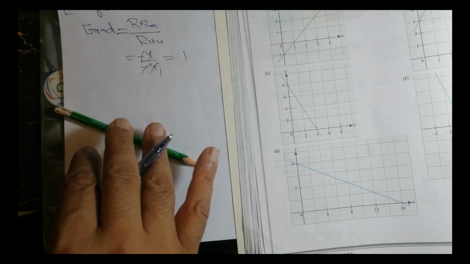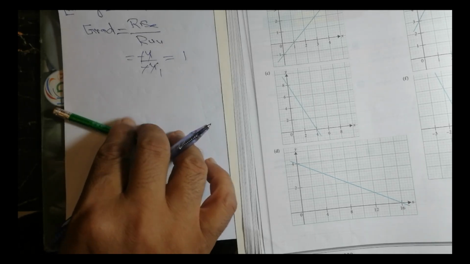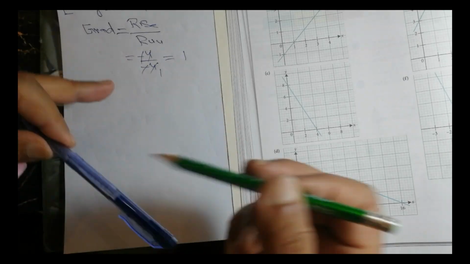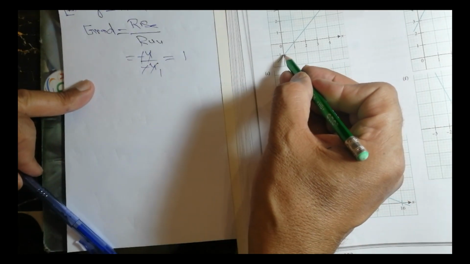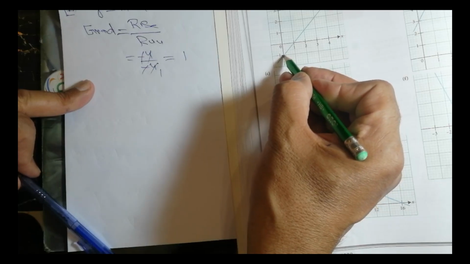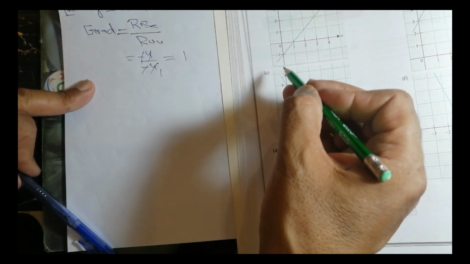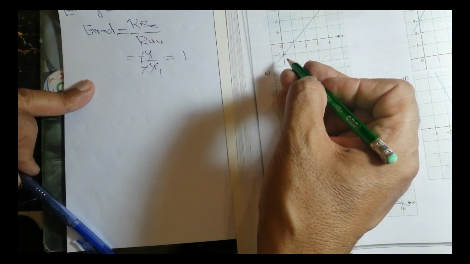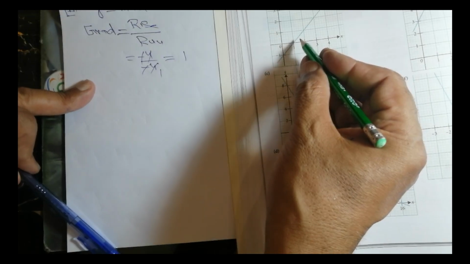Now y-intercept. For y-intercept, what is the coordinate of this point, which is intersecting the y-axis. It is intersecting the x-axis also, but for y-intercept we need to find a point on the y-axis, not on the x-axis.